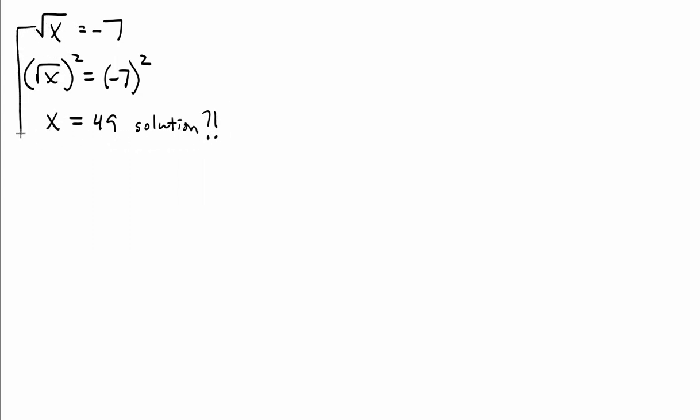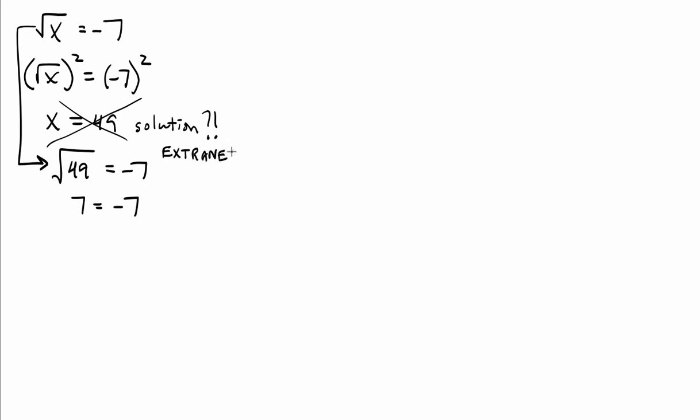So we go back to the original, take x equal to 49, substitute that in, square root of 49 equals -7, and we see that, no, that answer doesn't work. That is why that answer, which appeared to be a solution, is called an extraneous solution.